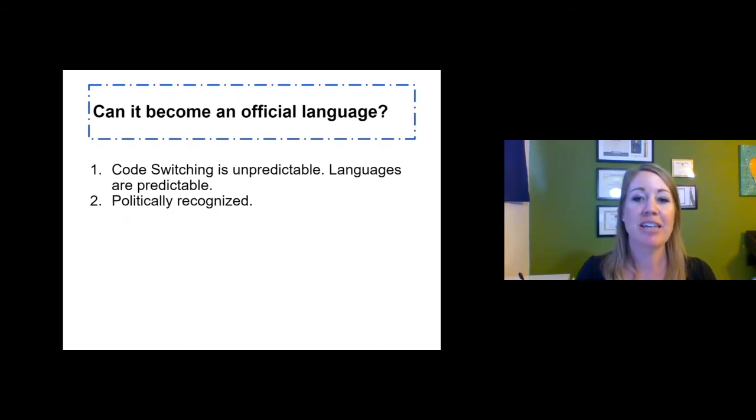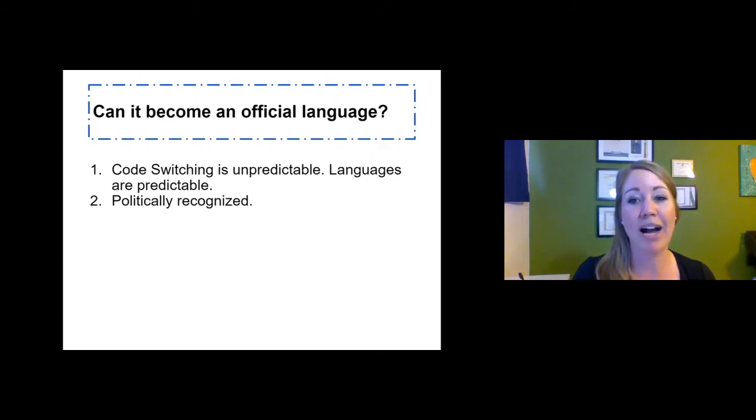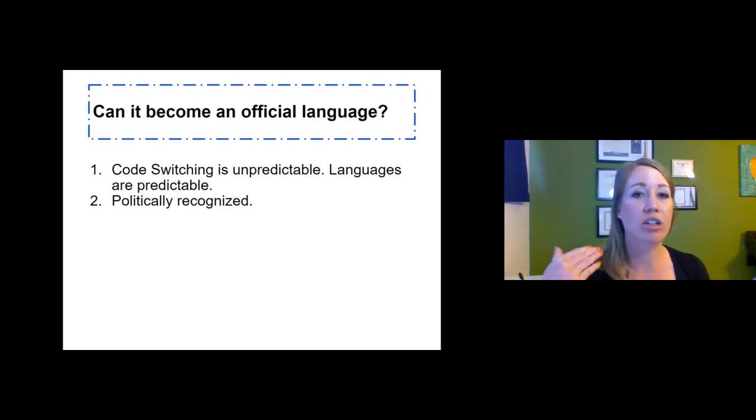So the question is, can Spanglish ever be recognized as an official language? Okay, why can't it? It's got a name. Can we ever recognize it as an official language? There are two reasons why it's not recognized as an official language. And this takes us back to our prior lecture on, I think it was axiom number 3, that all languages are structured and rule governed. We know that. Spanglish is not. There are no rules in terms of which words we borrow from which language.